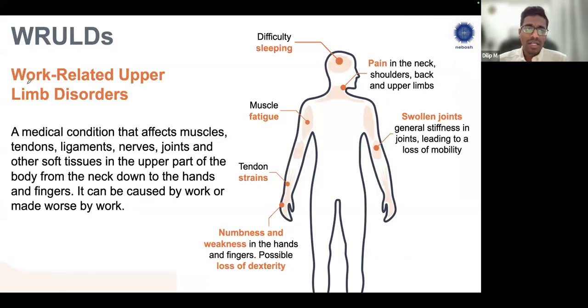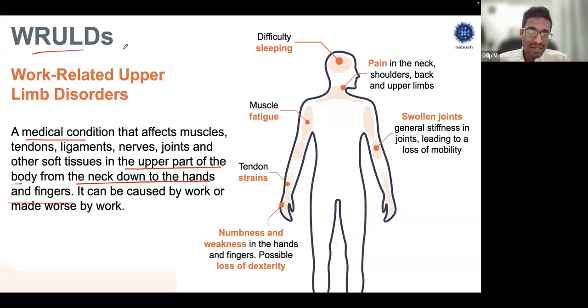Now, WRULD, work related upper limb disorders. It is a medical condition that affects the muscles, tendons, ligaments, nerves, joints, and other soft tissues in the upper part of the body, which is from the neck down to the hands and fingers. So from the neck to the fingers refers to the upper limb.